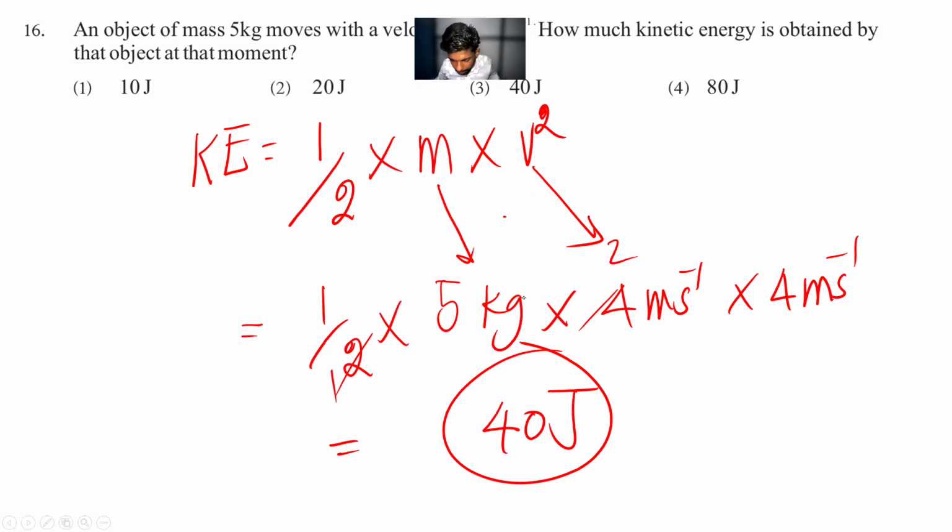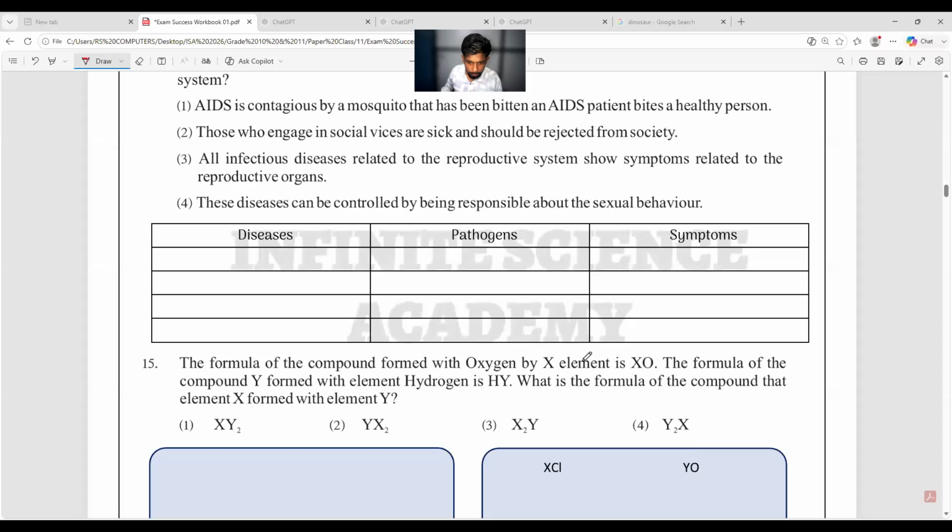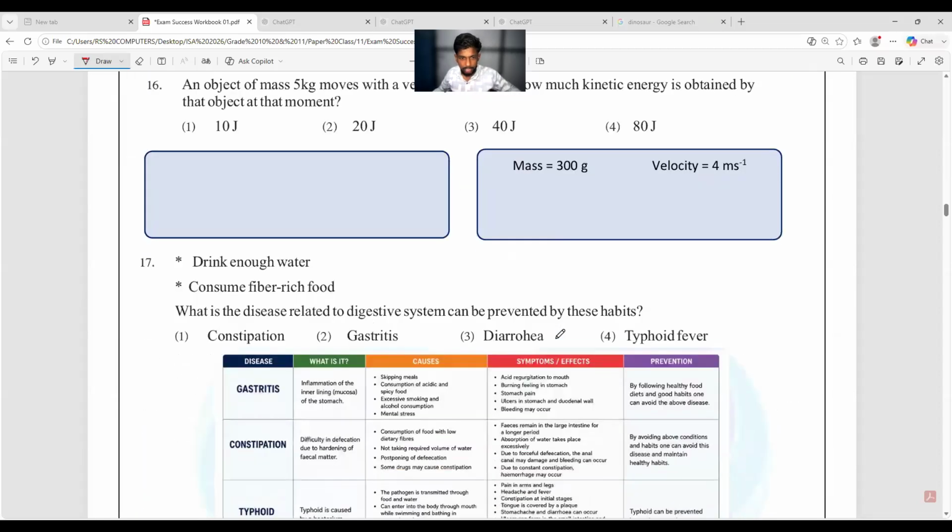Now come to the paper. You can note down here the equation. You can write down the equation: half into mass into velocity squared equal to kinetic energy. And you know how to substitute the values. Wait for a while.